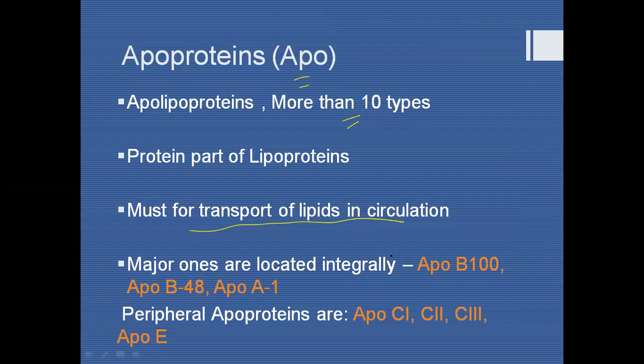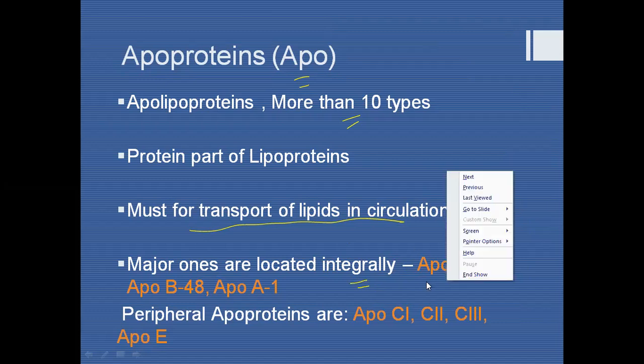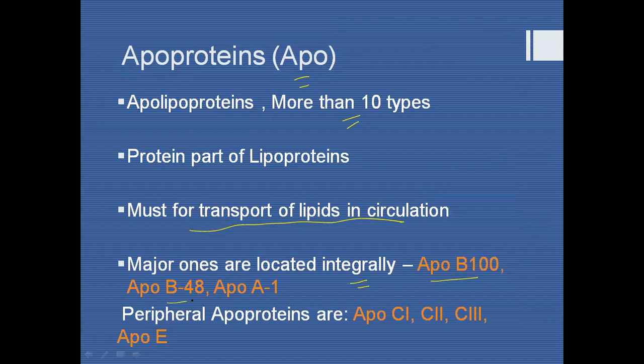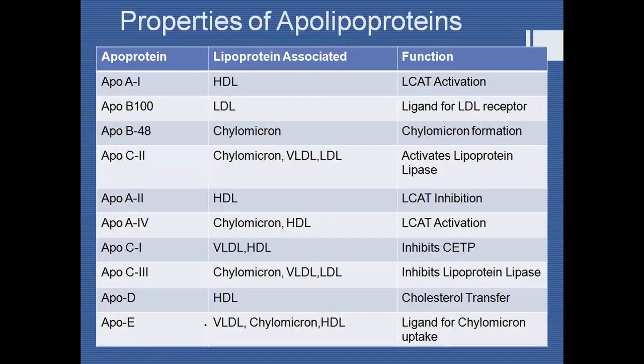There are two varieties of protein in lipoprotein structure. One, the integral apoproteins, examples are ApoB100, ApoB48, ApoA1. The other, peripheral apoproteins, which include ApoC and ApoE. These are the various apolipoproteins. More than 10 varieties have been identified.